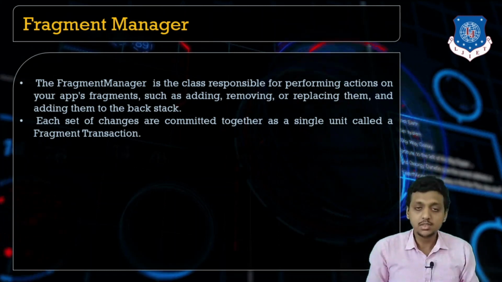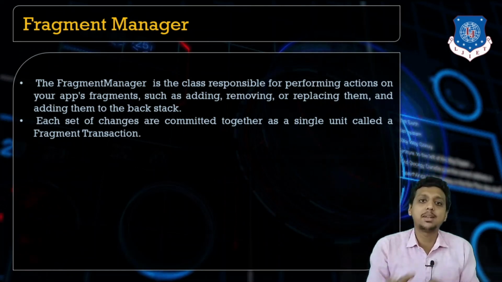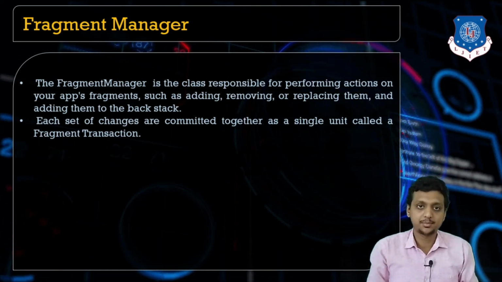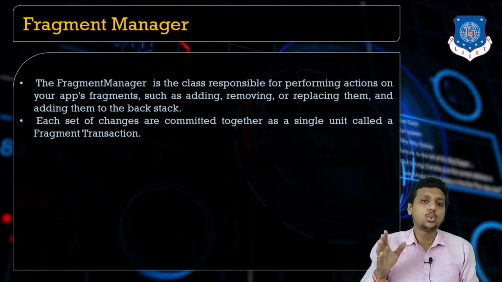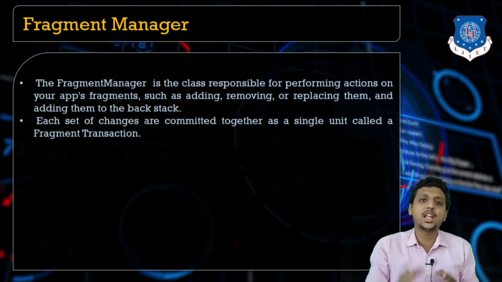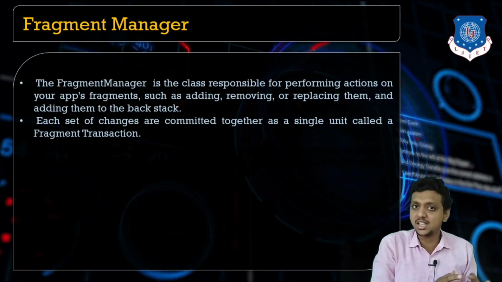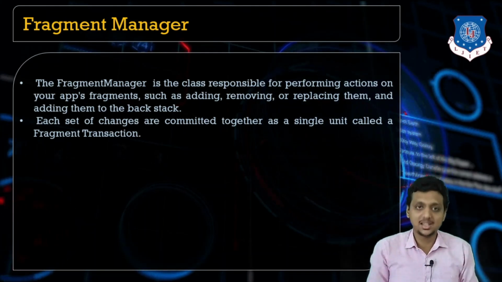This is all about the fragment stack, or we can say backstack. So if we want to add something, remove something, or replace something, or if you want to add a fragment to the backstack or remove it from the backstack, what do you need? You need the fragment manager class.